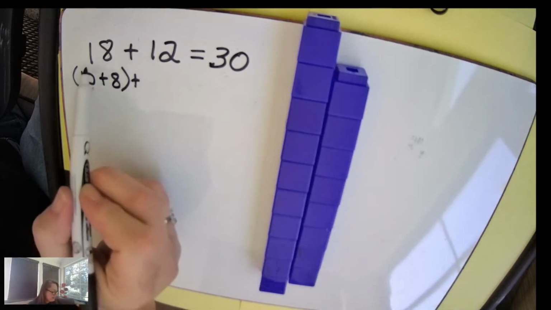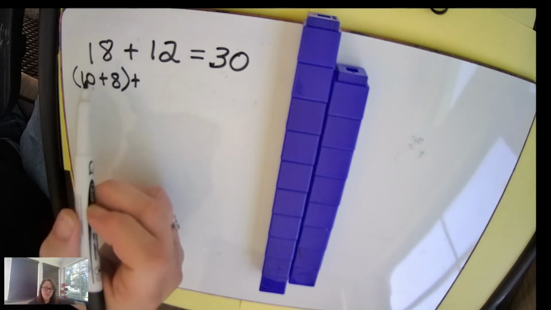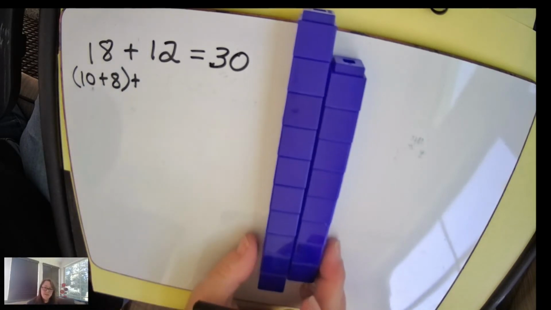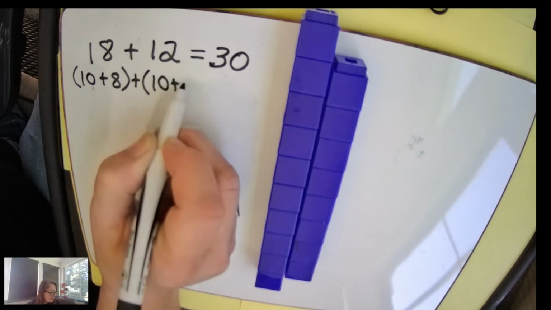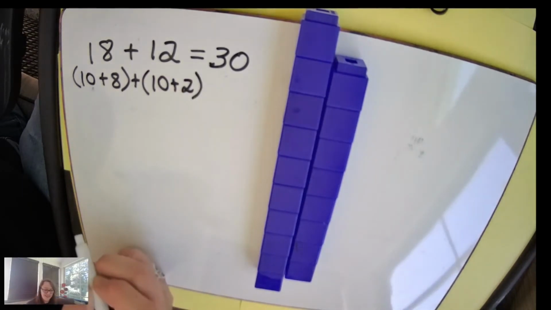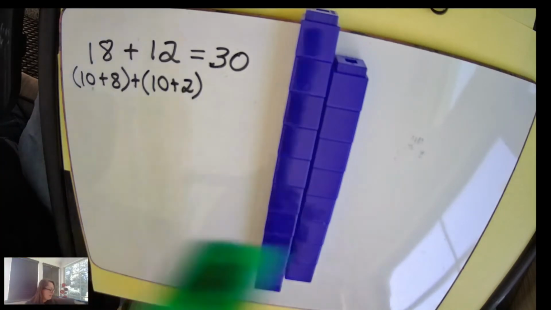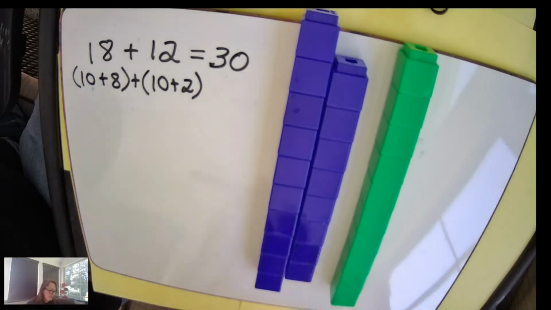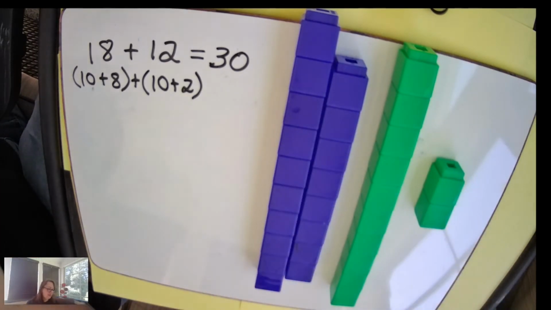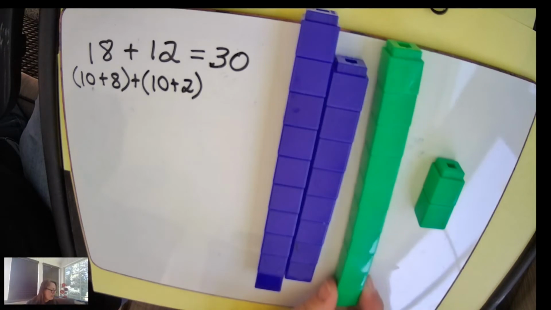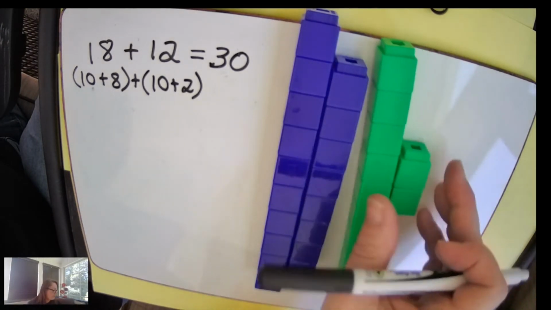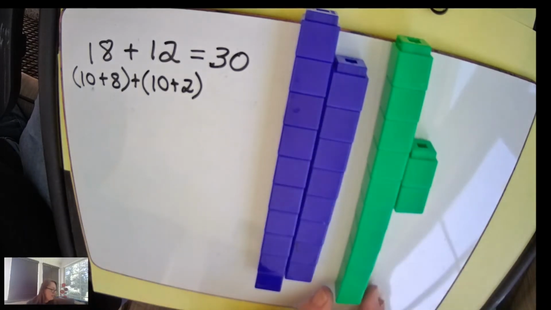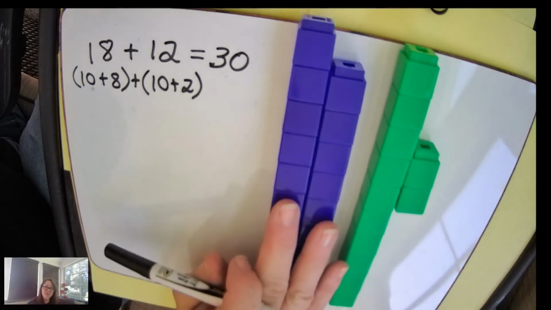Okay, that's this add-in. And then she broke the 12 apart into 10 plus 2 ones. Okay, there's 10 and 2 ones. There's 10, 11, 12. All right, Sarah, tell us more.